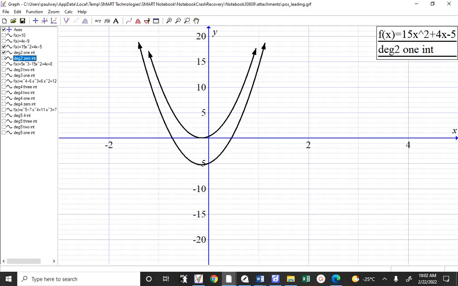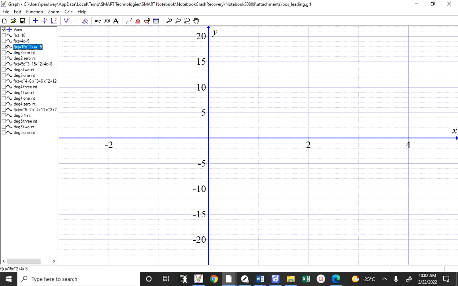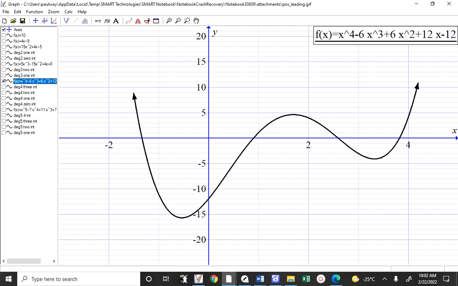Let's see if this kind of works for, well, let's go to degree 4. Probably not a surprise that degree 4 can have 4 x-intercepts. And I'm not going to go to great lengths to explain this, but I hope you understand the only way you can draw that shape to cross the x-axis in 4 places is to have the two arms pointing the same way.